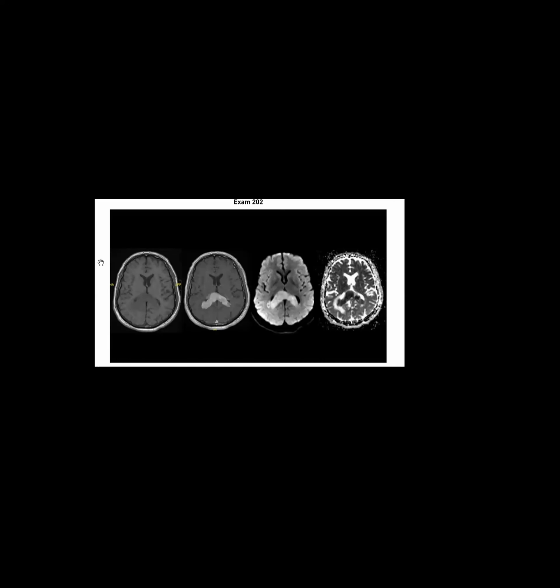And the third image is DWI, something still enhancing. And the last image looks to be ADC, that correlates with the DWI that we saw. Okay. So there is an enhancing lesion.